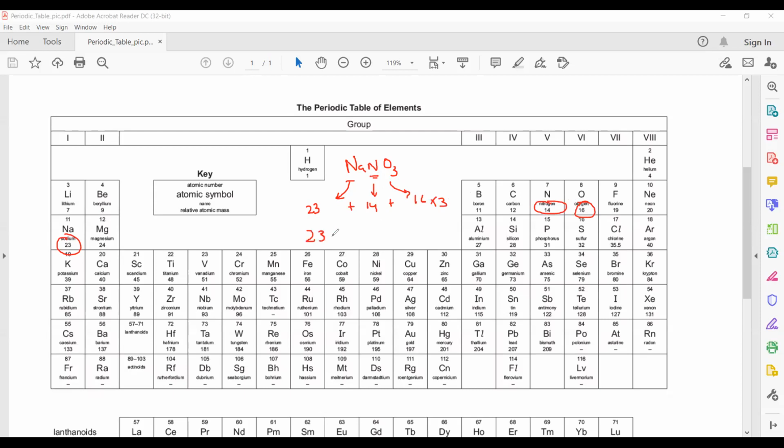So 23 plus 14 is 37, and 16 multiplied by 3 is 48. So 37 plus 48, the total sum, is 85. So the molar mass or the molecular mass is 85.